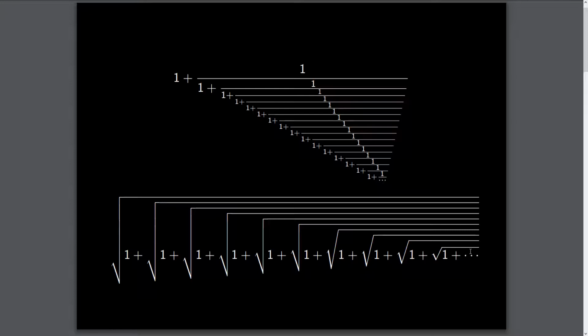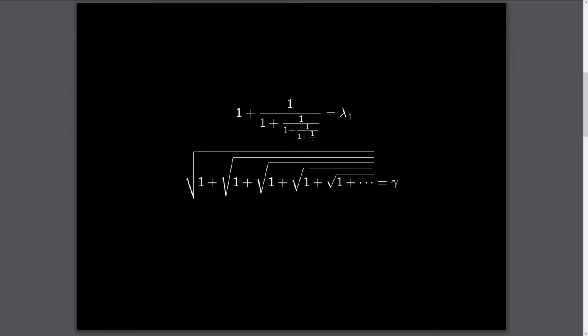So what we are going to be doing now is to assume that both of these terms, both of these sequences are convergent. So we're going to call the first one lambda, and we're going to call the second one gamma. So we implicitly assumed that both of these are convergent.